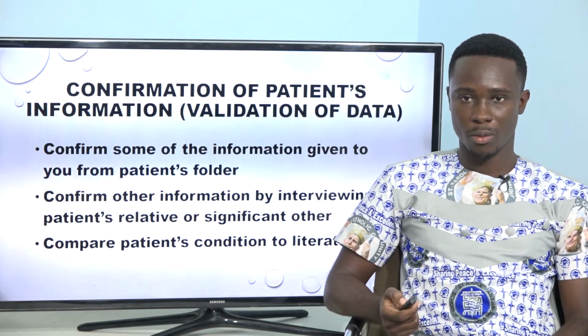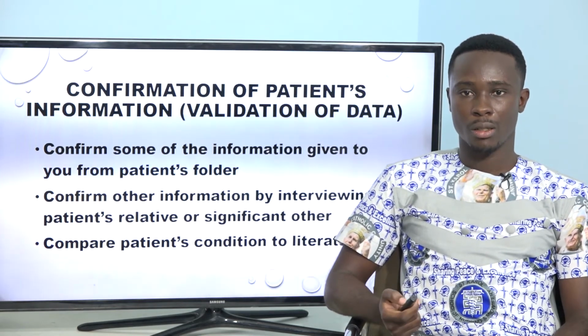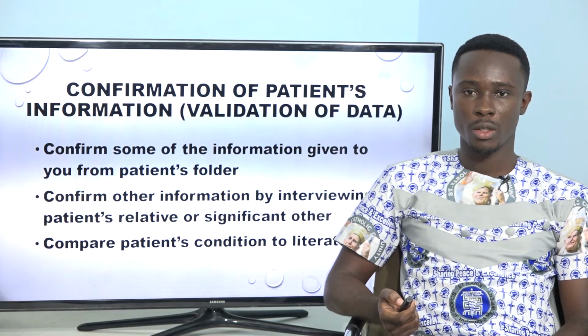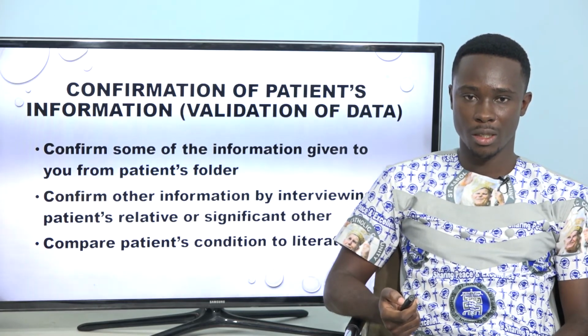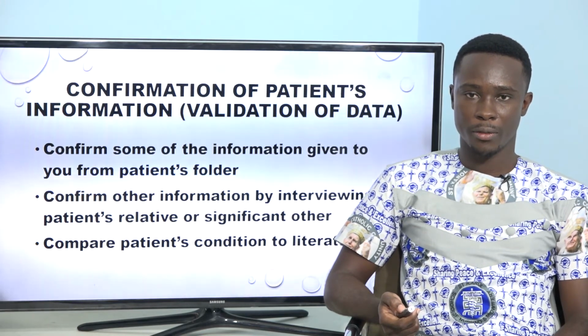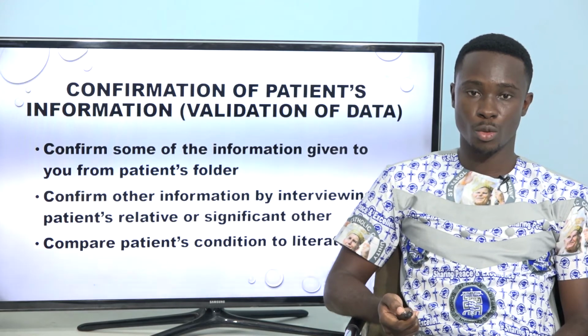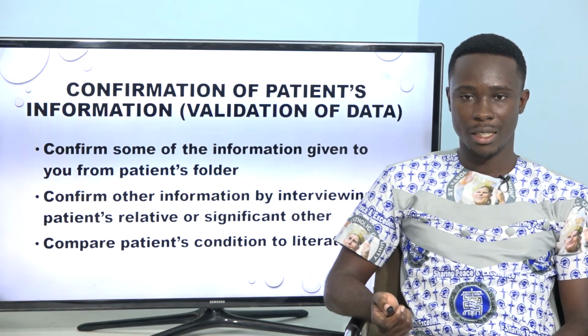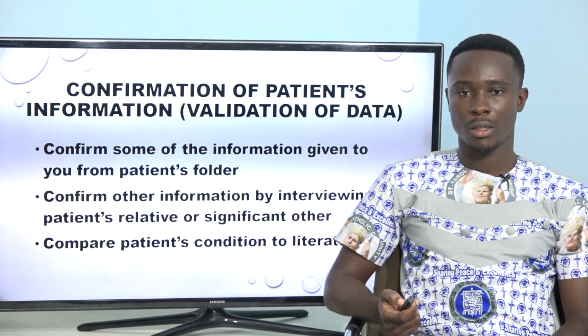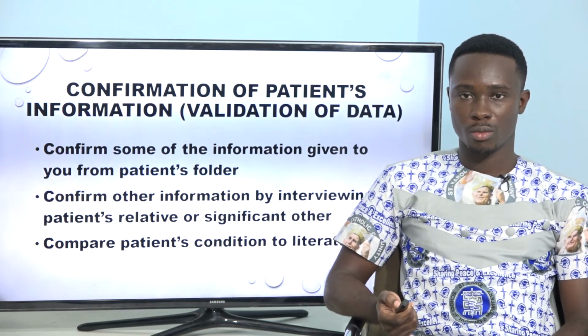So you can confirm that by also interviewing the relative and significant others. And you also compare the patient's condition to literature. Then you can know for a fact that, let's say, a patient has stroke or meningitis or malaria or any other disease that is on the folder or the patient says he has.